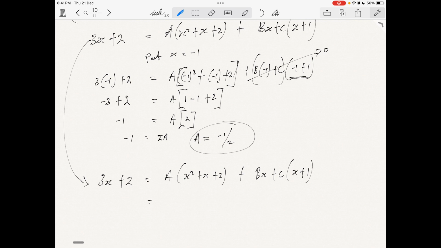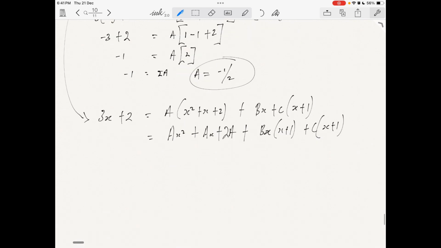Let's open the brackets. This gives ax squared plus ax plus 2a plus bx squared plus bx plus cx plus c.